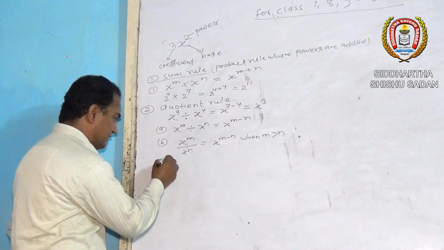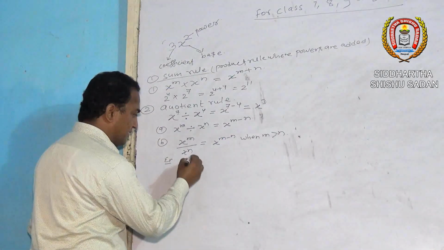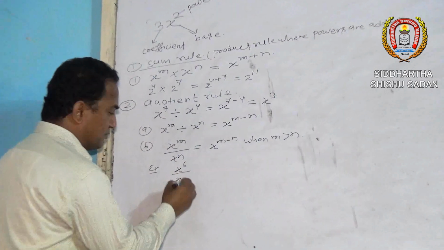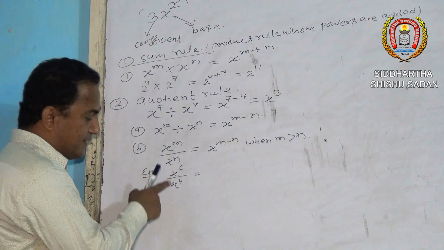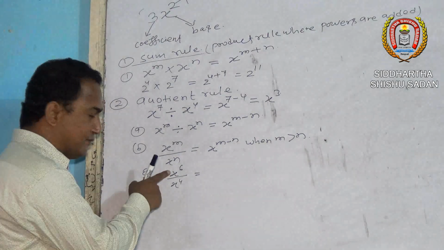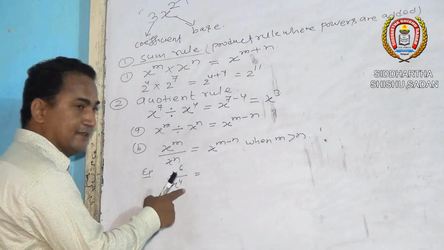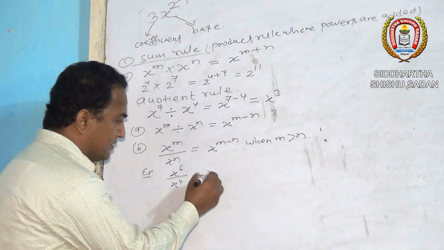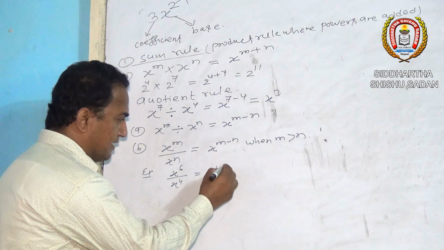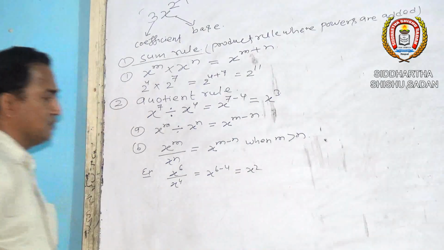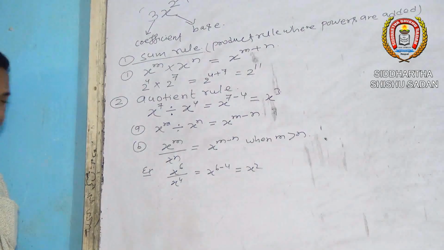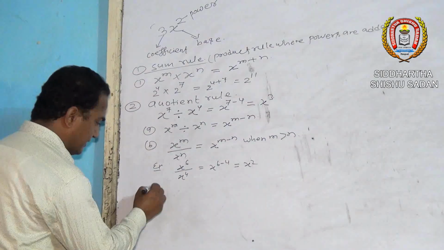So for example, x to the power 6 by x to the power 4: both bases are the same, but the power of x in the upper part is greater than the lower part. That's why x to the power 6 minus 4 is equal to x to the power 2.